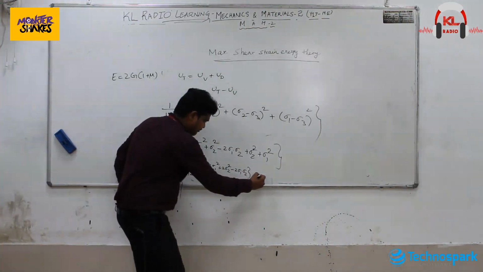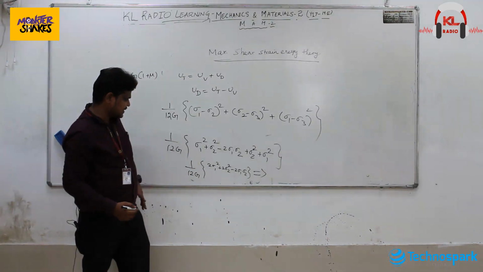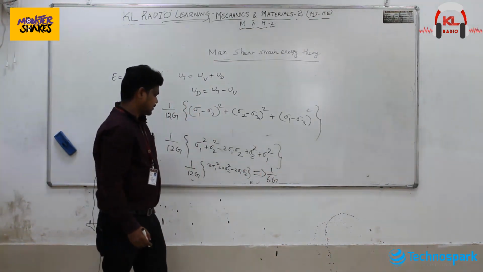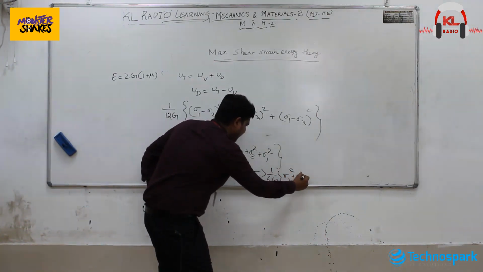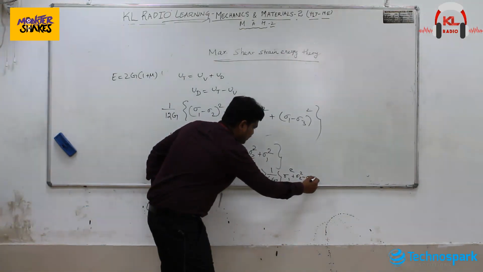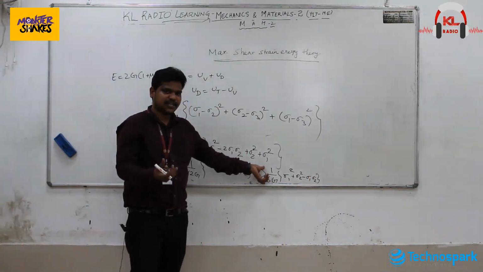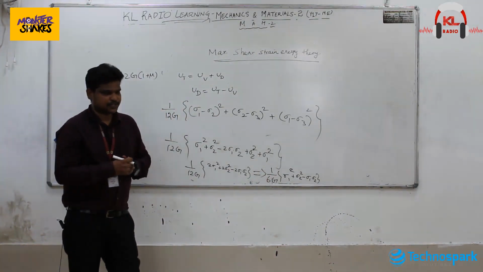Taking 2 common, the 2 will cancel, and this will be 1 by 6G times sigma 1 square plus sigma 2 square minus sigma 1 into sigma 2. This is the total distortion energy induced in a member under biaxial loading condition.